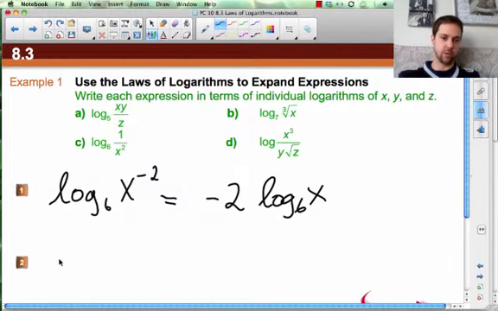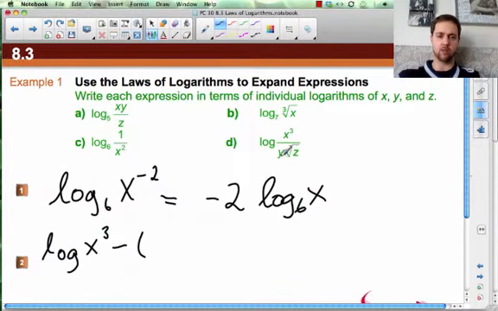Now, d. We've got a lot going on here, so I'm going to rewrite each one of these. First, the numerator, log base 10 of x cubed. We assume base 10 because it's not explicitly stated. Now, the denominator: we are going to subtract the entire denominator, but the denominator is a product of y times root z.